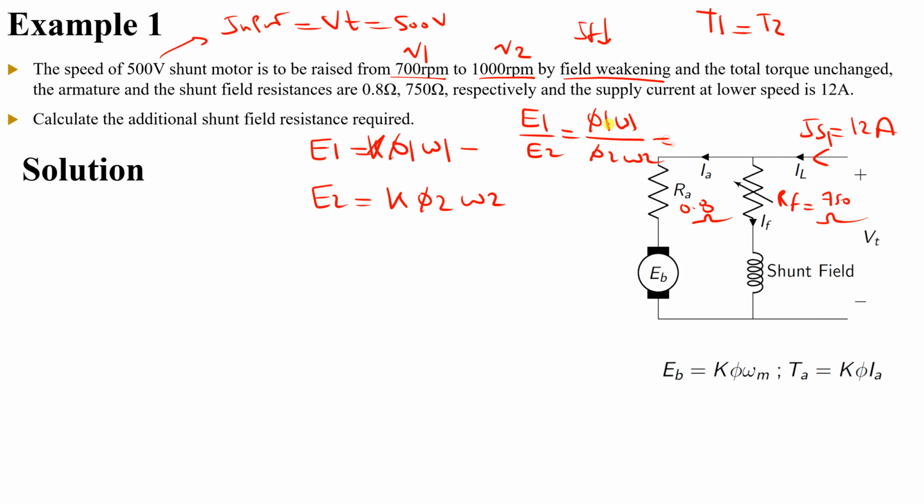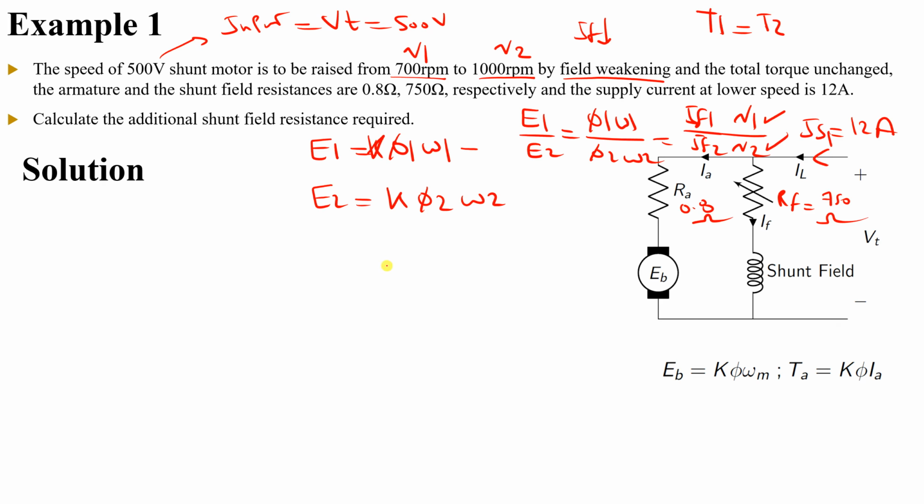And the flux is directly proportional to field current. So I can say I field 1 over I field 2, because we changed our field, times N1 over N2. So number 1, you have N1 and I have N2. Okay, I need field currents and I need induced EMF.